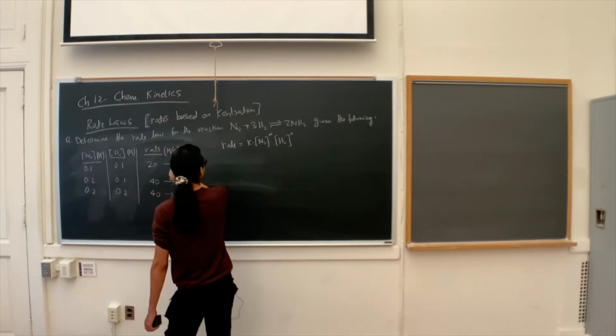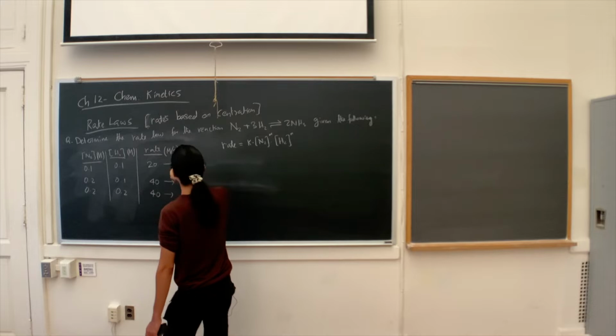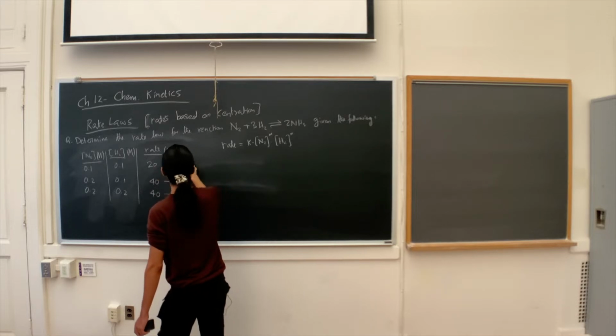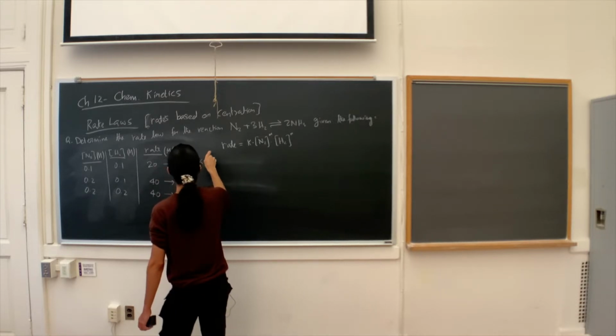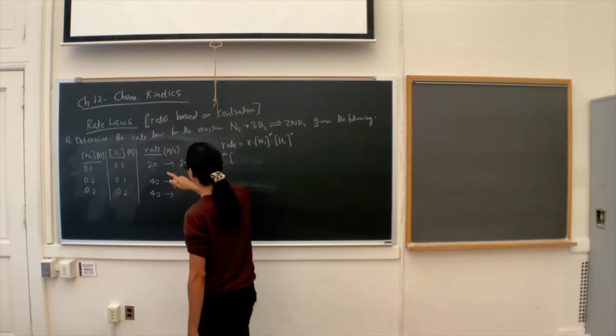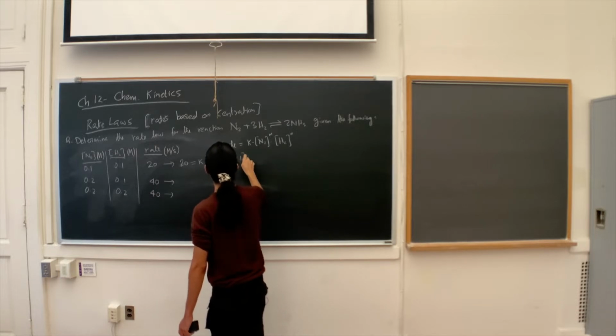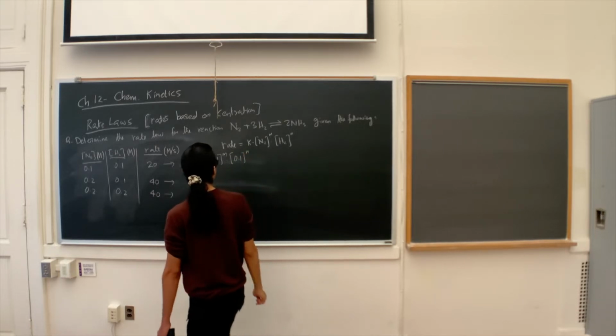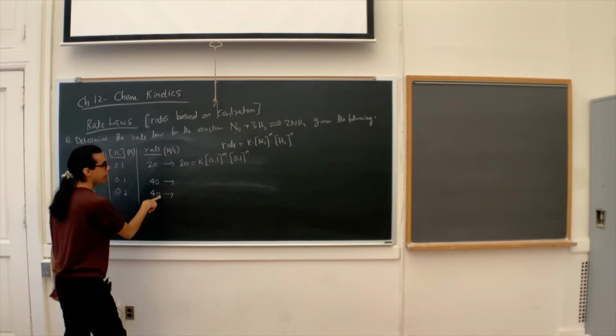Let's plug in the first line into our equation. Rate is given to be 20. K, concentration of N2 is given to be 0.1 to some power M. Concentration of H2 is also 0.1 to some power N. And repeat for the second and third line.